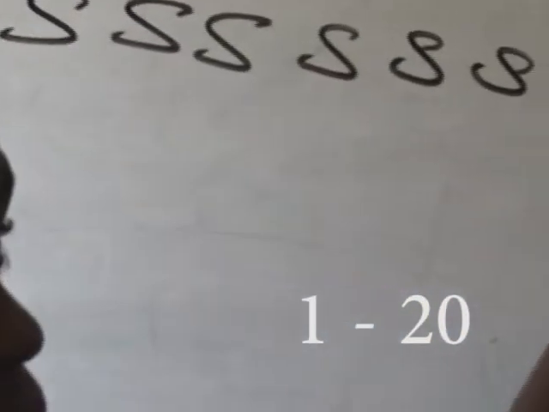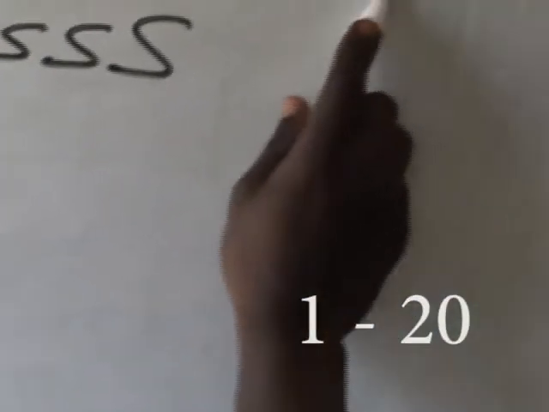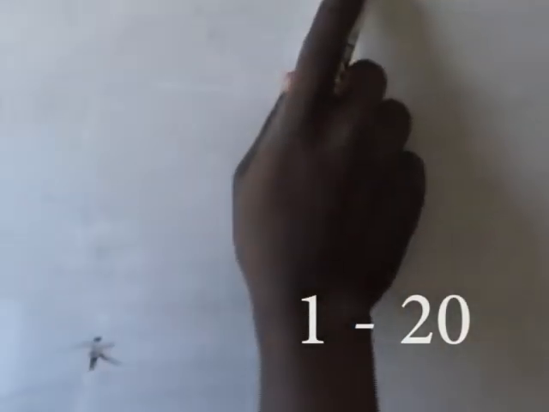Then 20, this is equal to 20. We can count it as 1, 2, 3, 4, 5, 6, 7, 8, 9, 10, 11, 12, 13, 14, 15, 16, 17, 18, 19, 20.